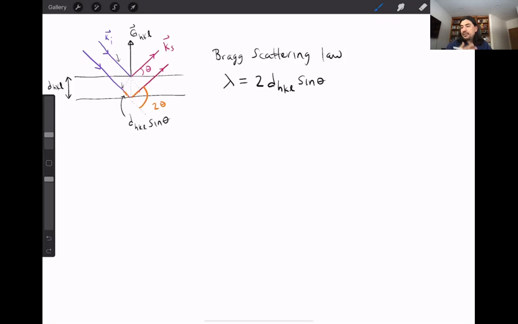So then you get constructive interference if the path difference is equal to a multiple of the wavelength. That's the key thing that Bragg came up with.